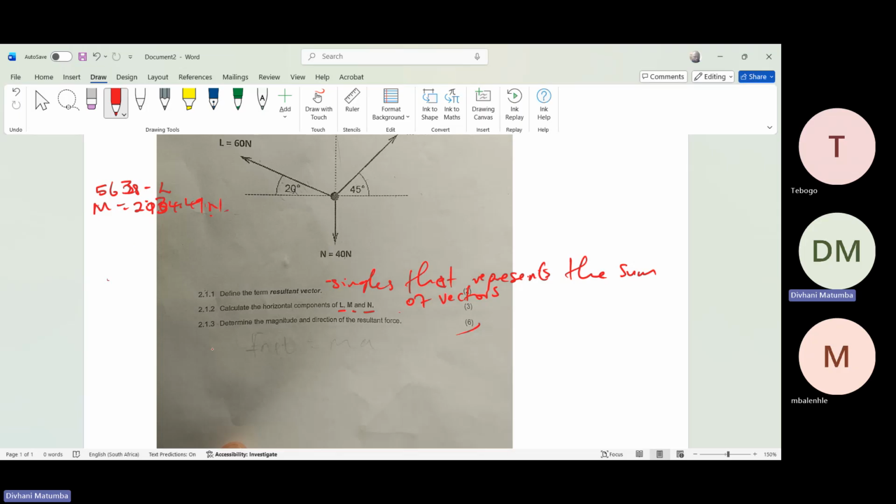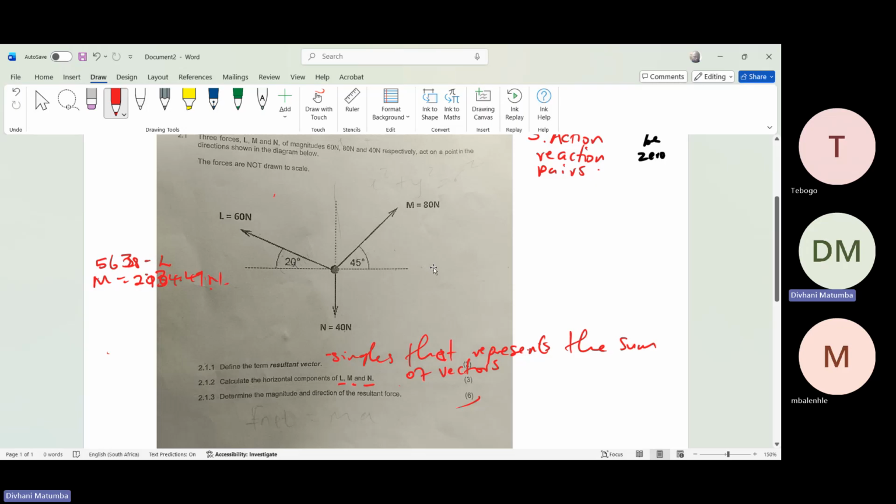Okay, let's do the corrections together. Let's start with L. Remember, you are dealing with vectors, and vectors have direction. You must always state the direction. So for L, the direction is to the left.